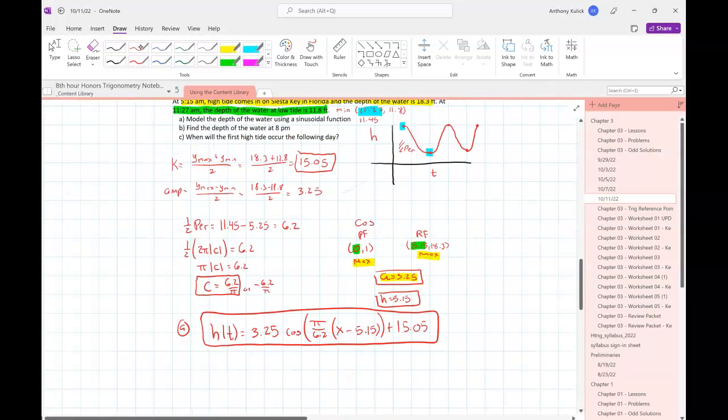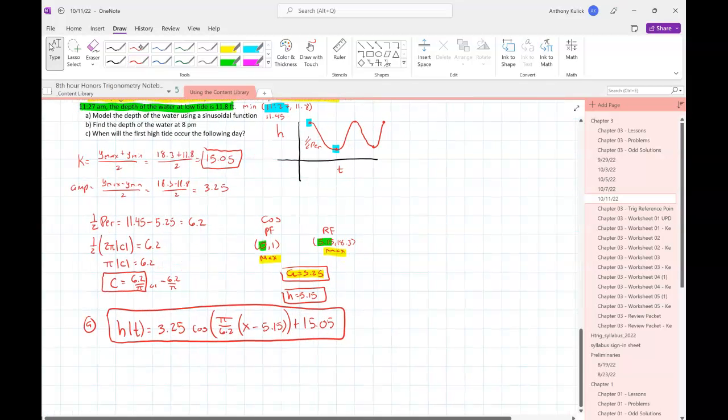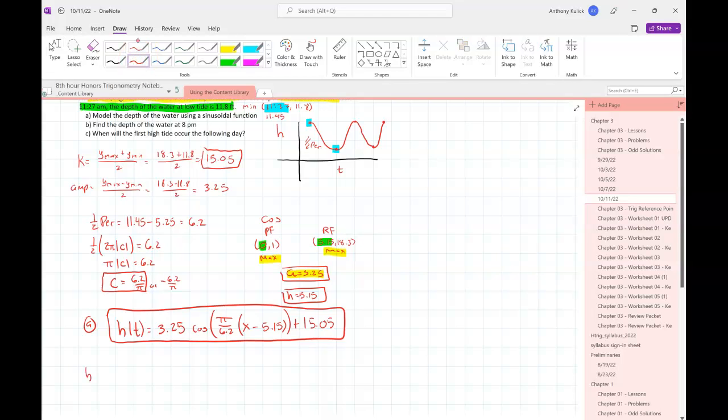All right. Part B says find the depth of the water at 8 p.m. Okay, what do I do to do that? Time. Oh, okay. Plug 8 in for t. Everybody agree? That's wrong.